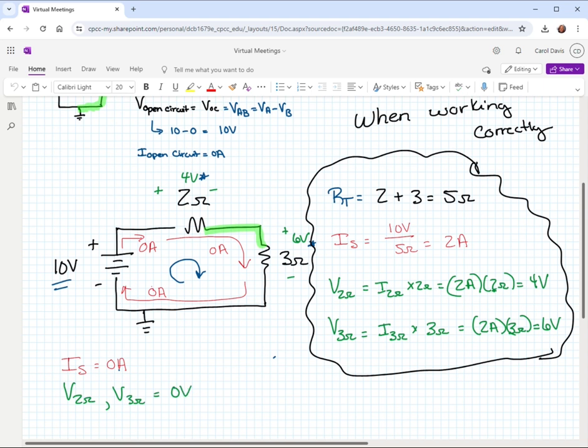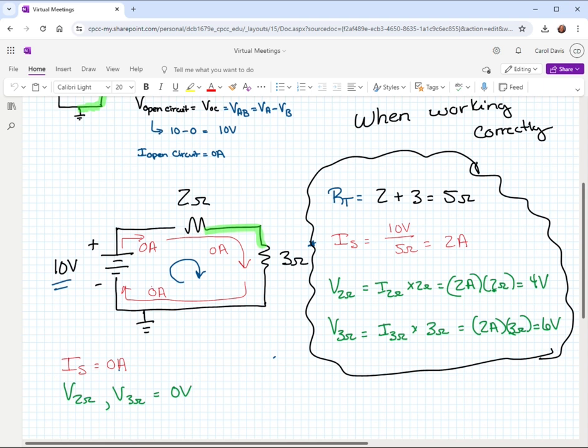If there's no current through the resistor, there can't be any voltage drop across the resistor. So I'm going to take the 4 volts away, take the 6 volts away. We don't have any voltage drop across there.